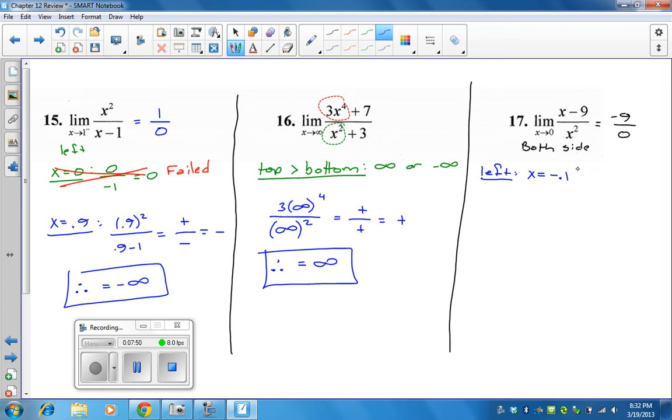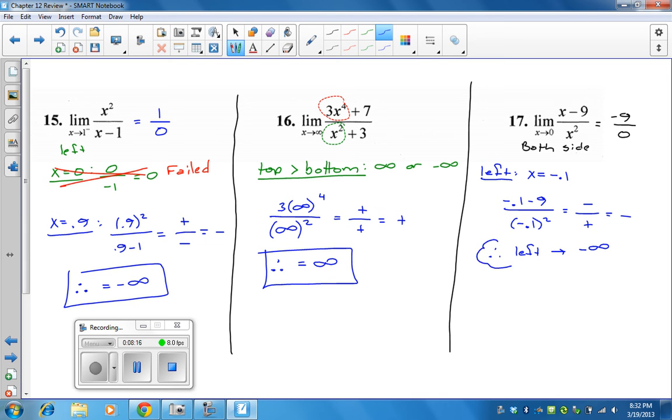And if I plug in negative 0.1, I have negative 0.1 minus 9 over negative 0.1 squared. Negative 0.1 minus 9 is negative. If you square anything, you'll get a positive. A negative over a positive is negative. Therefore, my left side is approaching negative infinity.